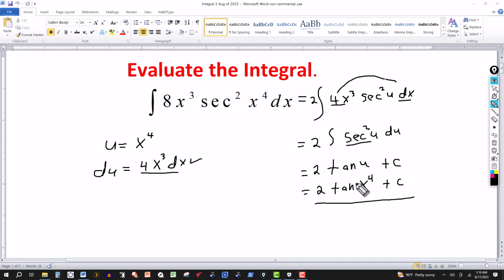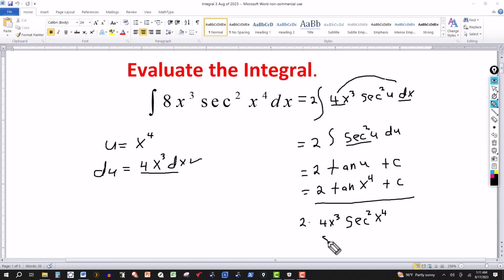But notice if I compute the derivative of tangent, the derivative of tangent is secant squared, and whatever the argument is, in this case it's x to the fourth, and then using the chain rule, take the derivative of x to the fourth, and that's 4x cubed. Derivative of constant of course is 0. And I still got the 2 here.